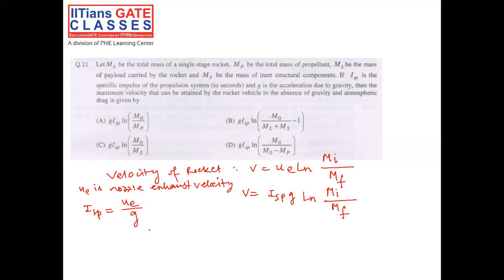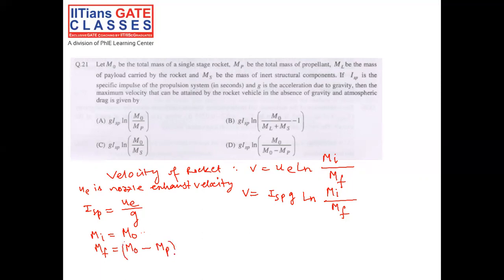So the initial mass of the rocket is the total mass of the rocket, which is given as m naught, and this m naught is definitely the summation of the payload mass, the structural mass, and the propellant. And mf, that is the final mass of the rocket, is definitely the total mass of the rocket minus the propellant mass, because propellant is already burnt, right?